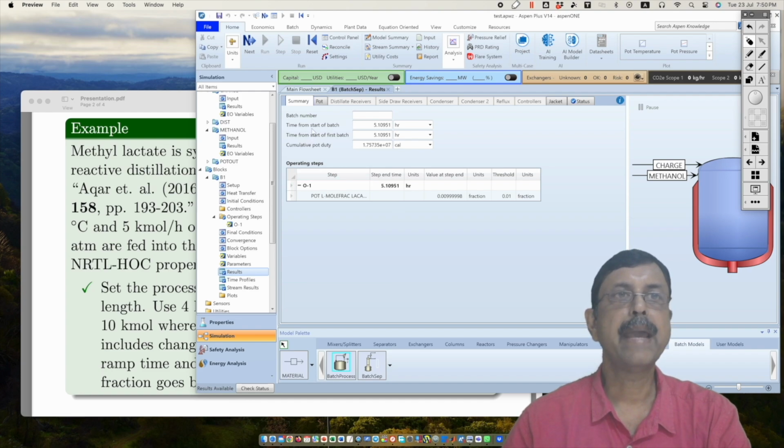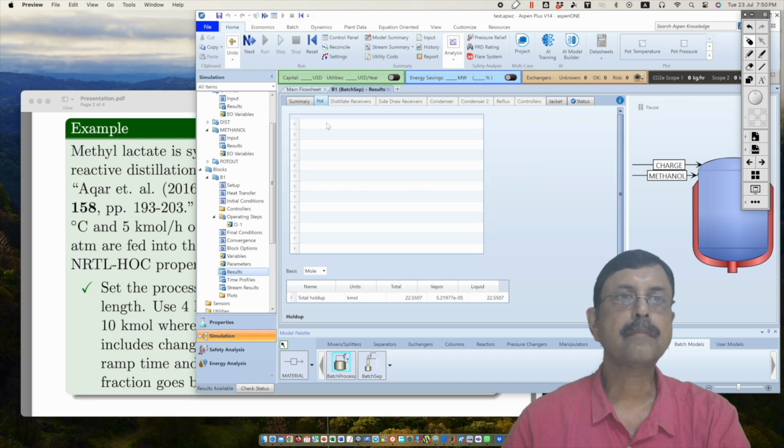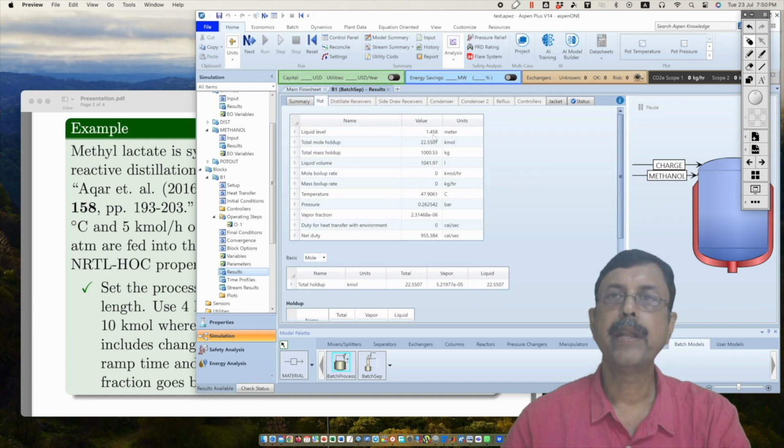So time of batch end is about 5 hours, and total amount of cumulative pot duty is 20 kilowatt hour. This is the liquid level in the pot. Total molar hold up, mass hold up, liquid volume, everything has been given.